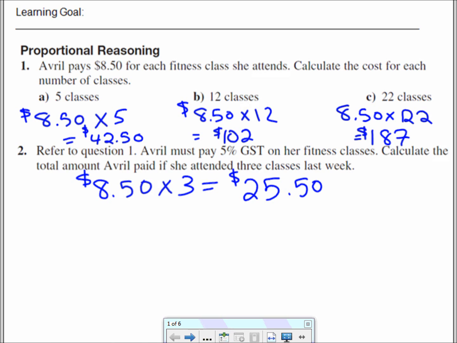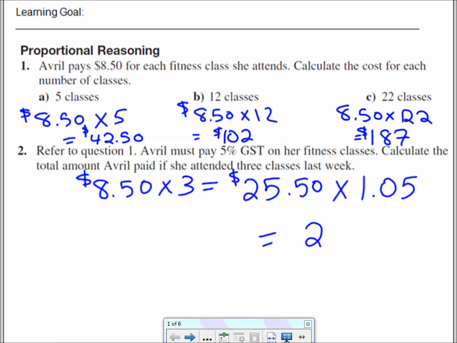And then she's going to pay 5%. So remember when we were doing tax, well, if you go times 1.05, then it'll actually give you the value and you don't have to do the addition. Because what happens is the 1 multiplies the 25.50 and the 0.05 multiplies the 25.50 and then it combines them, all in one step.